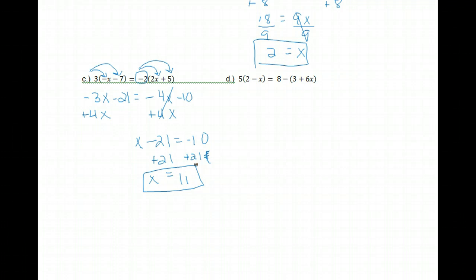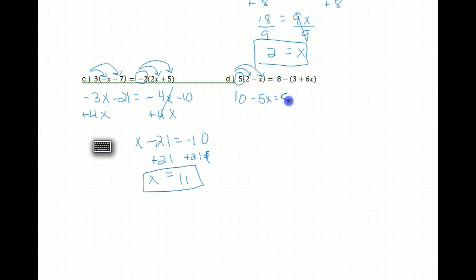For example D, you cannot combine like terms in either quantity, let's say it that way. So you must rely on the distributive property in order to remove your parentheses so that you can move forward. On the left-hand side, we will distribute in a positive 5. 5 times 2 makes 10. 5 times negative x makes negative 5x.